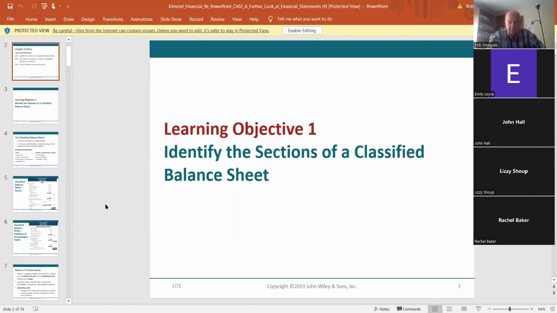Identify the sections of a classified balance sheet. A balance sheet can be classified. Those of you who took Accounting 110, we didn't really get into this, where we talk about a classified balance sheet, meaning we're going to show current assets and current liabilities.